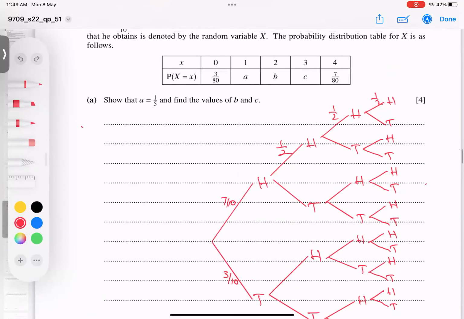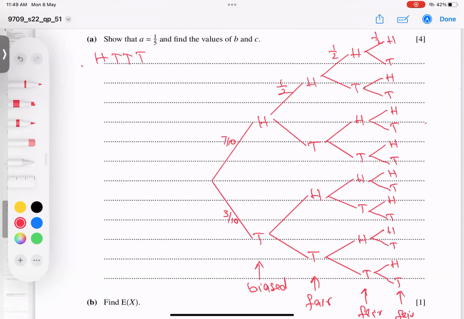All right, the first question he's asking: show that the value of A is 1, and 1 means 1 head. 1 head naturally means 1 head and 3 tails. So which branches? If I make it 1 head and 3 tails, this branch is looking for 3 tails from the fair coins and 1 head from the biased one.